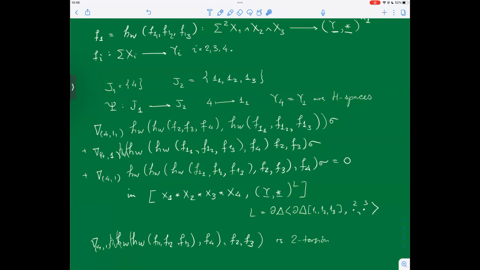So could you please show the last relation on the higher Whitehead product which you obtained for this? Is it this one? Yeah. This is a relation, right? Yeah, because that's for this particular substitute or composition complex.